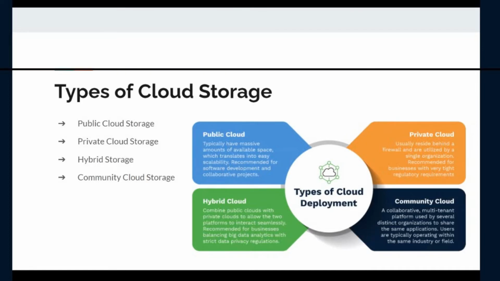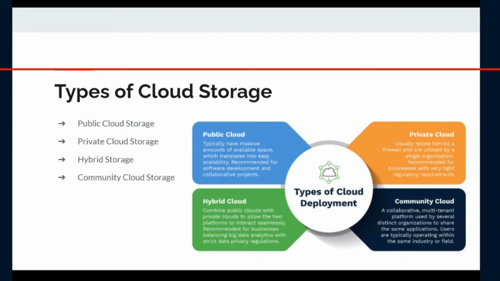Hybrid cloud combines public clouds with private clouds to allow the two platforms to interact seamlessly. Recommended for businesses balancing big data analytics with strict data privacy regulations.